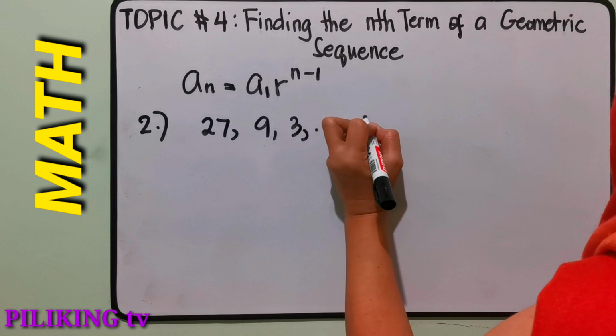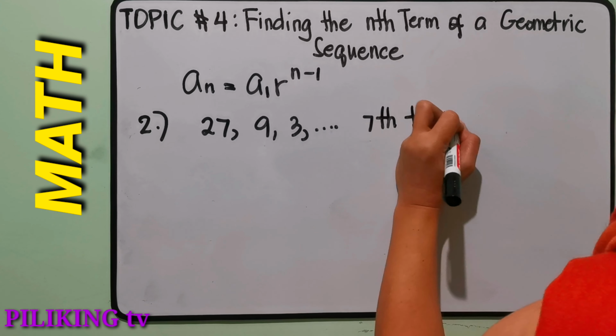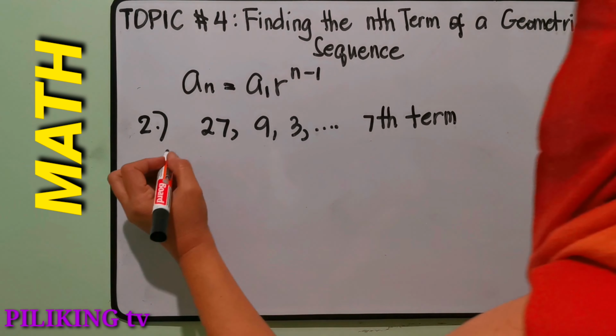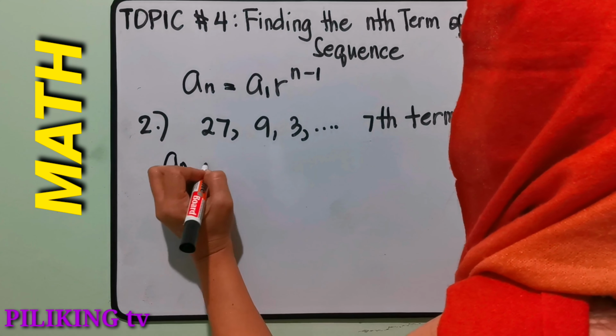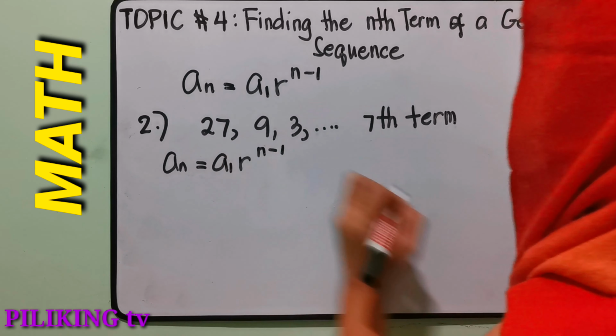Okay, so we are looking for the 7th term. So again, let us use the formula. A sub n is equal to a sub 1 times r raised to n minus 1.